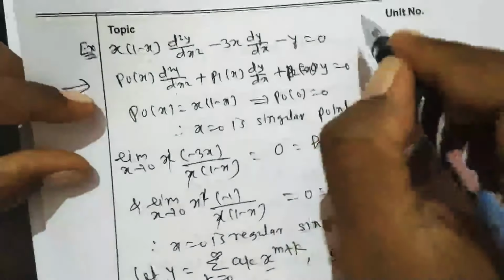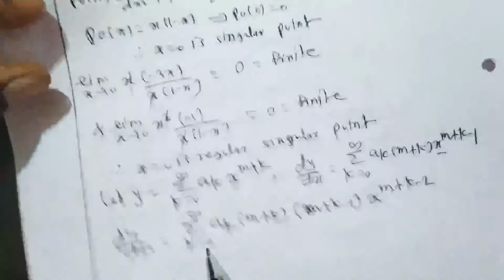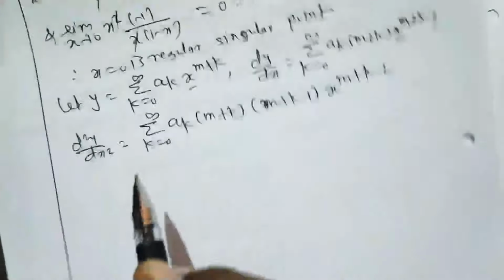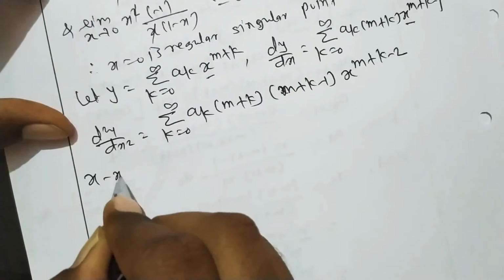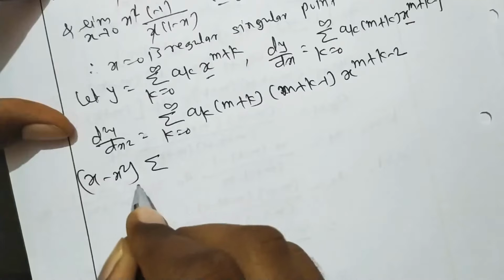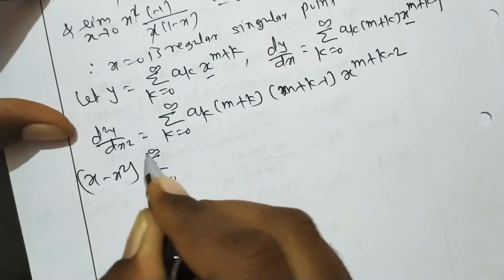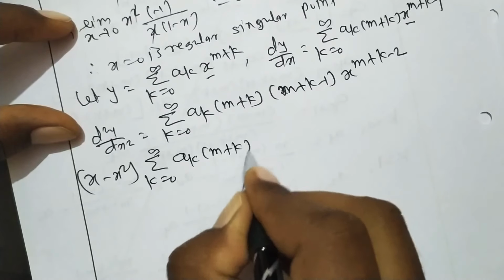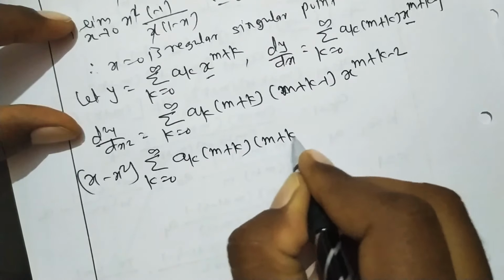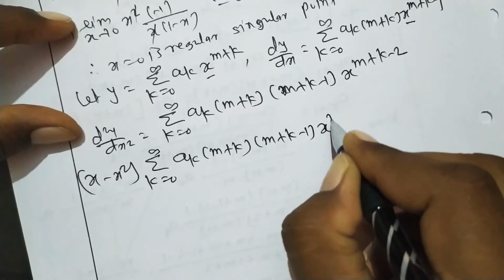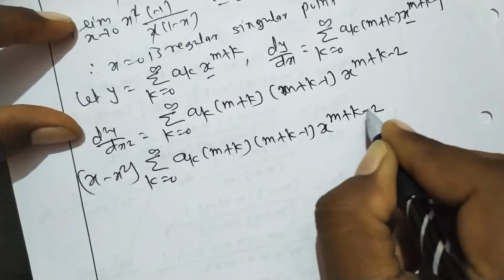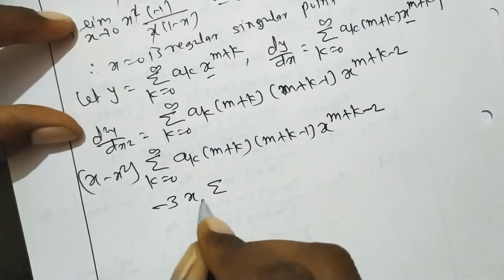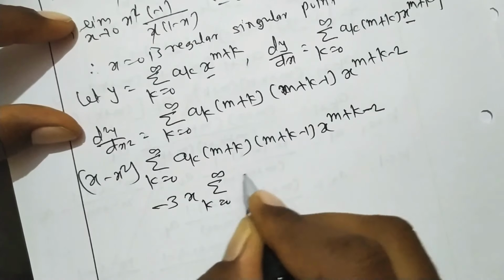So put all values in equation 1. Therefore the given differential equation becomes: x(1 - x), so multiply this x inside, so (x - x²) into d²y/dx², that is the summation of k from 0 to infinity a_k (m+k)(m+k-1) x^(m+k-2), then minus 3x into dy/dx, the summation of k from 0 to infinity.